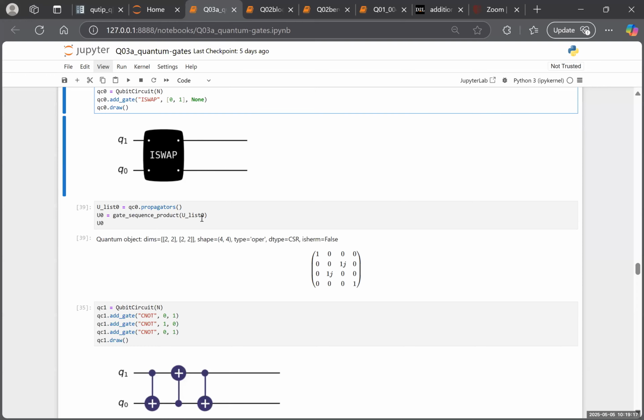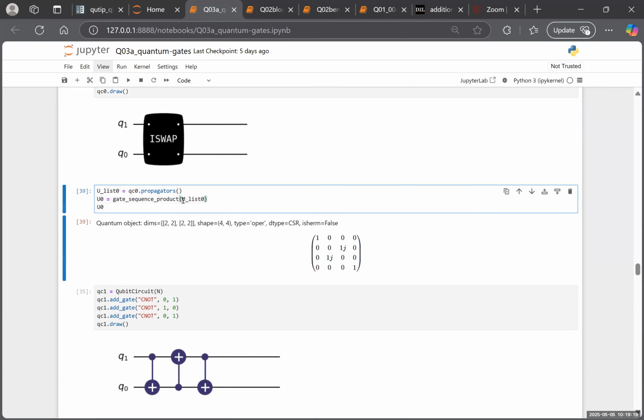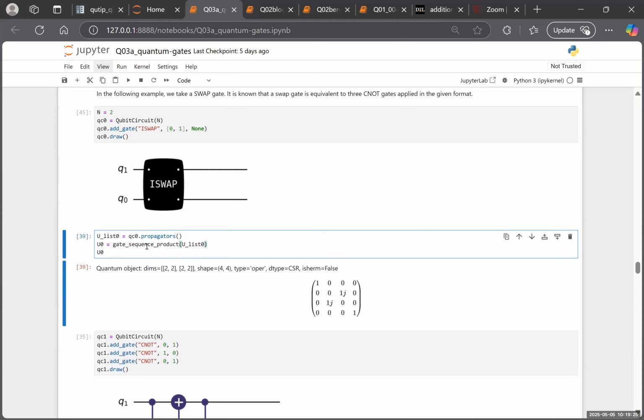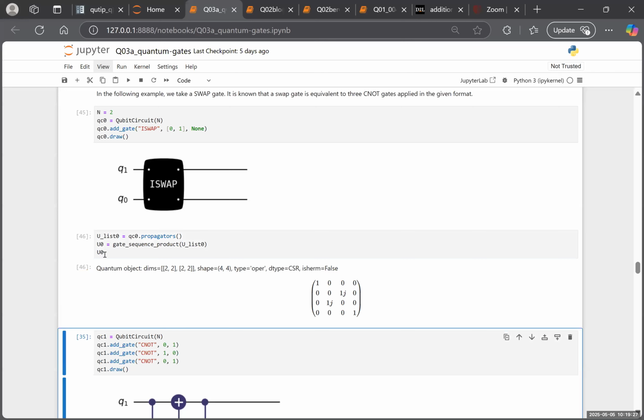So this will be something useful now. You have this circuit, and you can get its unitary, like U0. So you can have the unitary as the product of all the gates.